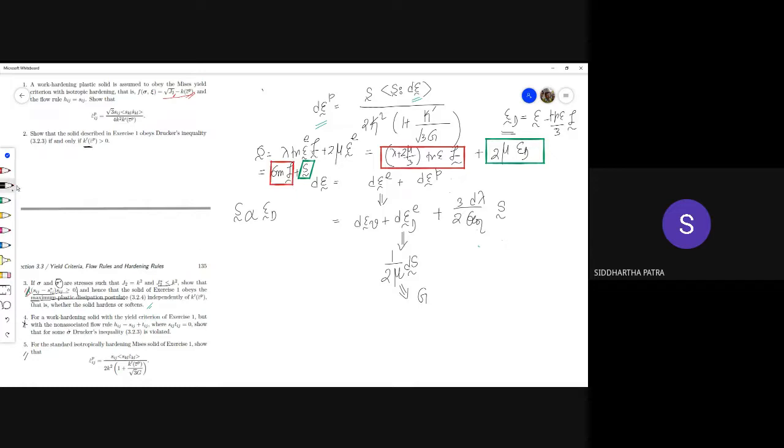So this basically means ds equals twice mu d epsilon d, and that's where this is coming from. And this is the volumetric part of the strain. This is actually the volumetric strain, and this right here is your bulk modulus.